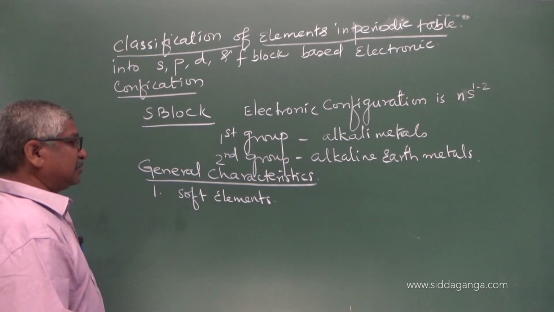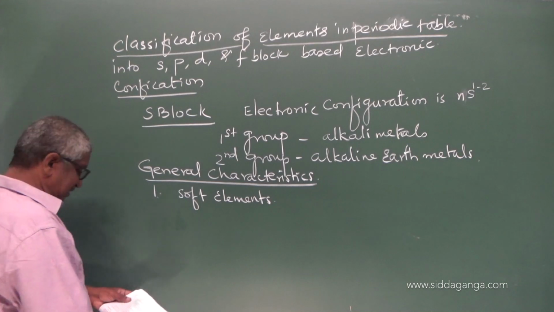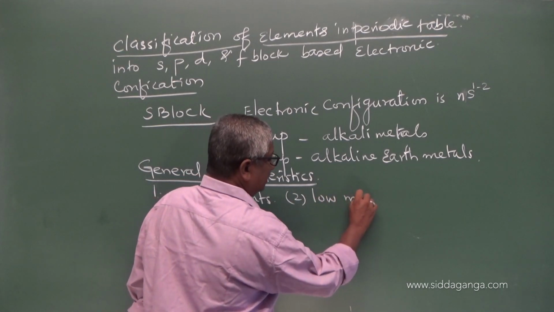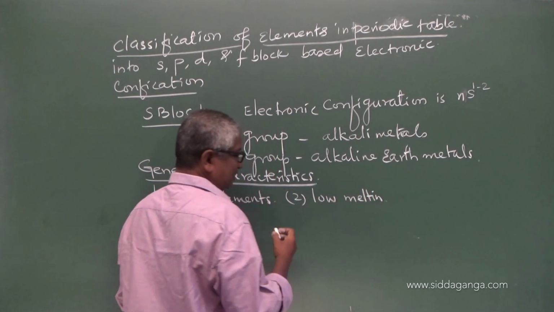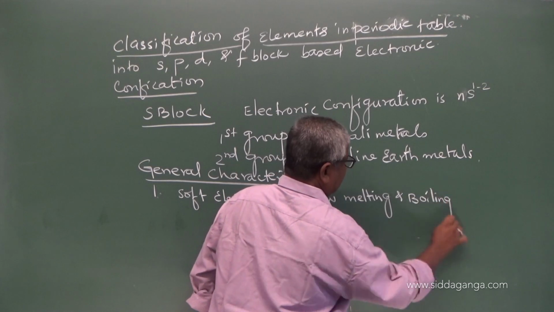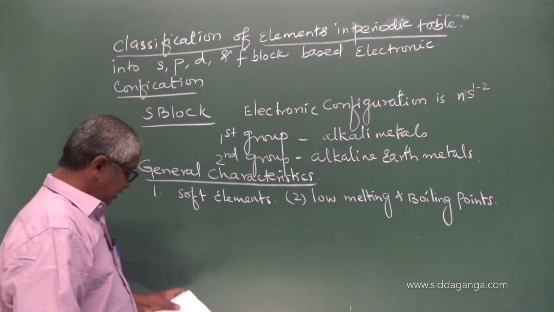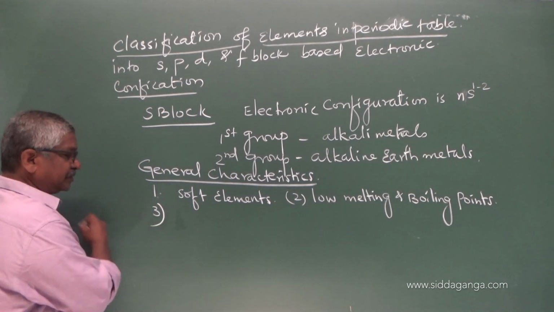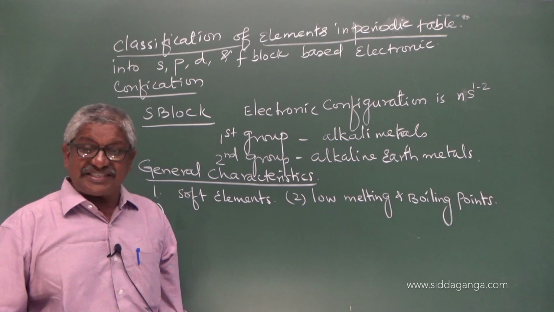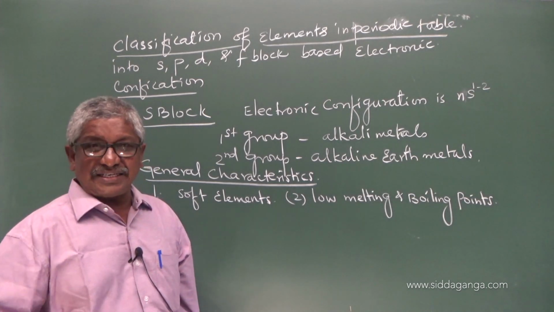So the first general characteristic is that they are soft elements. Second, they have low melting and boiling points. Third, they have low ionization enthalpy or low ionization energy. What is ionization energy?